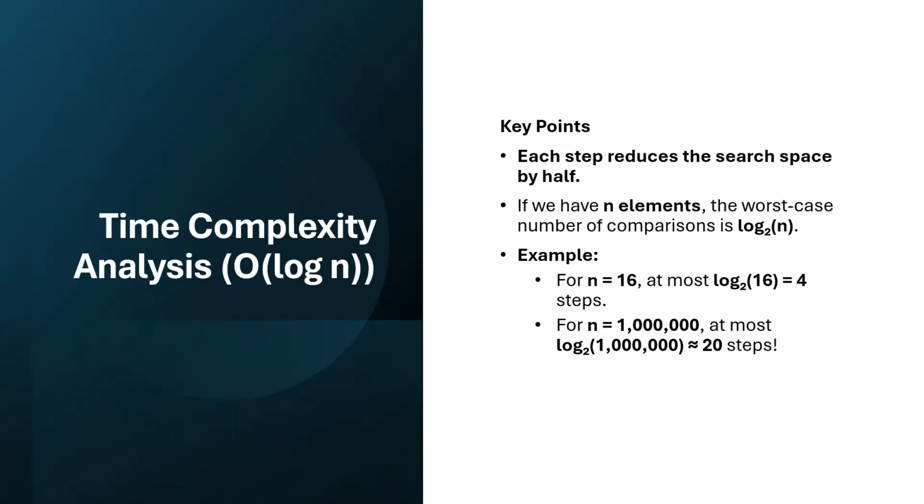That is nothing but order of log of n. For example, here we have taken n equal to 16. So at most log 16 to the base 2 is 4 steps. If it is, let's say, 10 lakhs, then at most it is nearly 20 steps.